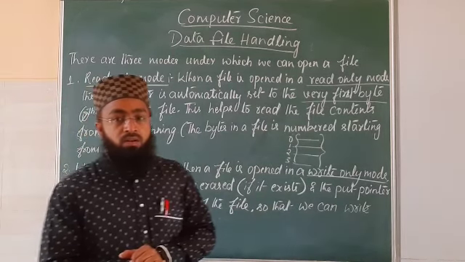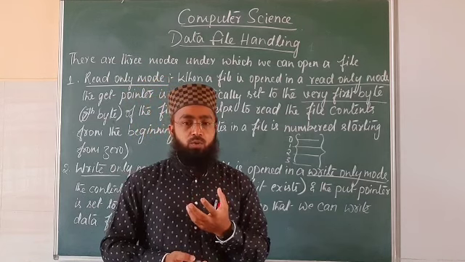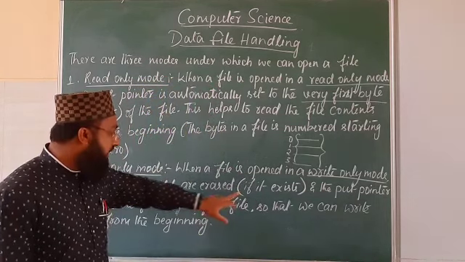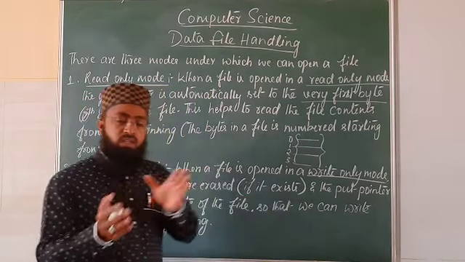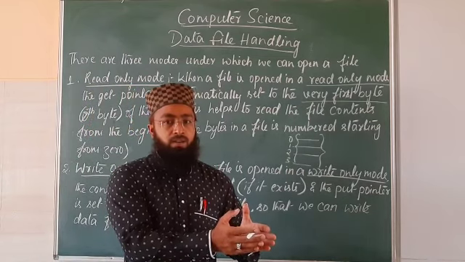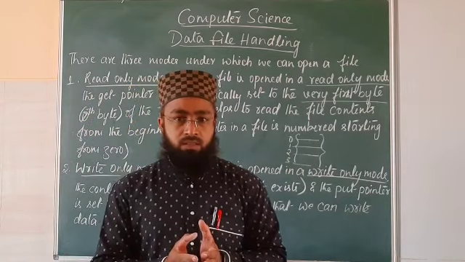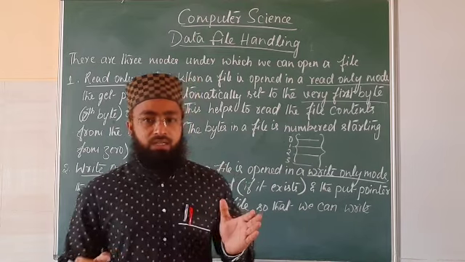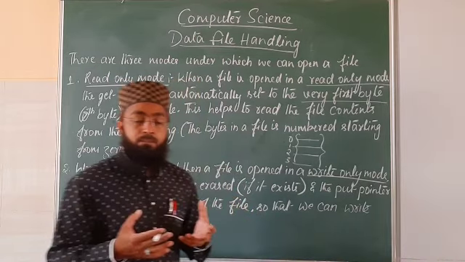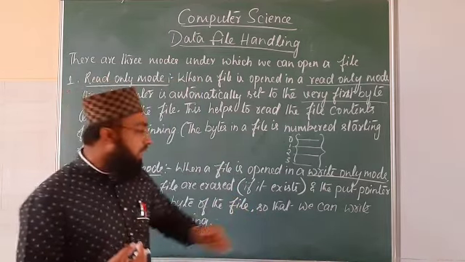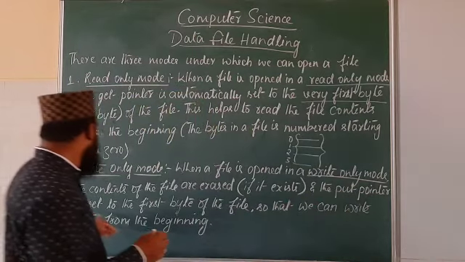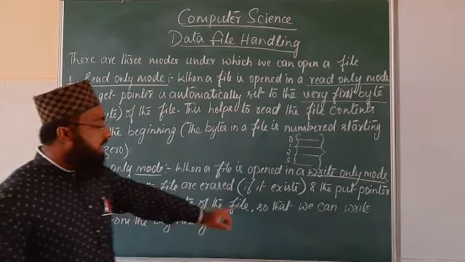When a file is opened in write only mode, the contents of the file are erased if it exists. If some contents are present in the file, those contents will get erased when we open the file in write only mode. And the put pointer is set to the first byte of the file.